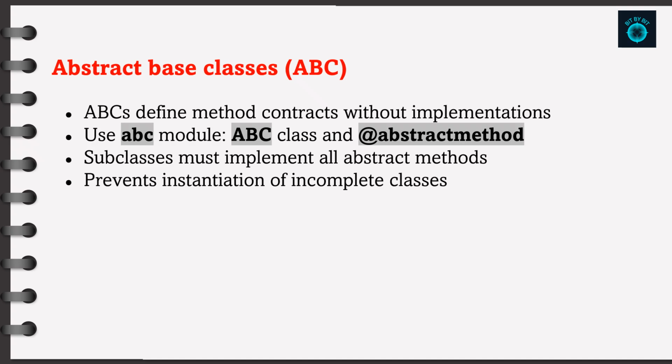Inside it, we use the class ABC as a base class and decorate abstract methods with @abstractmethod. If a subclass does not implement all the required abstract methods, it cannot be instantiated. This is a powerful way to design reliable and predictable class hierarchies.